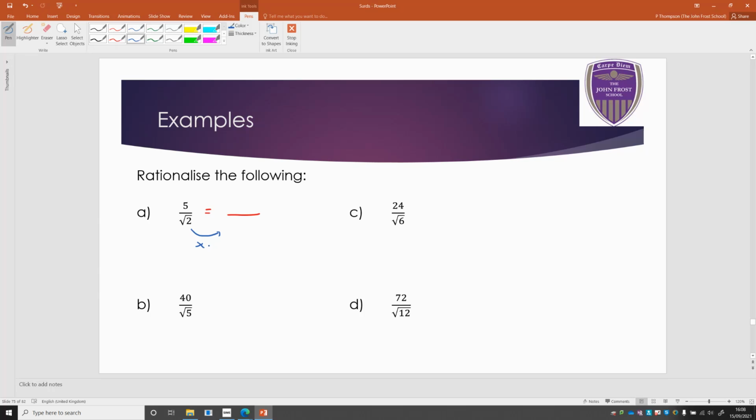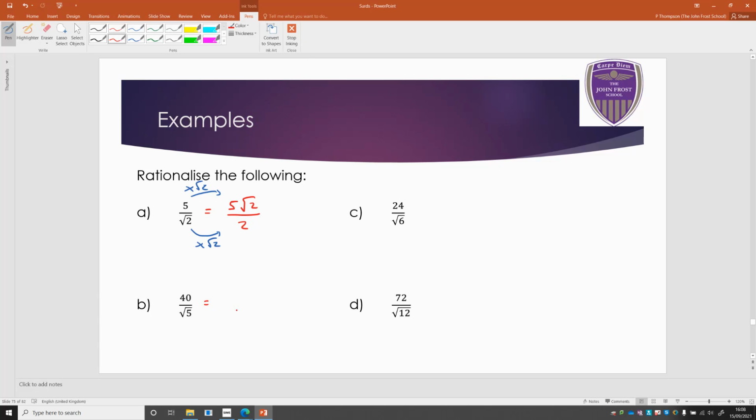Because we should know by now that root 2 times root 2 is root 4. But root 4 is 2. Remember, if you square a surd, times it by itself, the square root goes away. Remember though, because it's going to be an equivalent fraction, you must multiply the top as well by the same thing. So 5 times root 2 is just 5 root 2. That's why the answer is so.